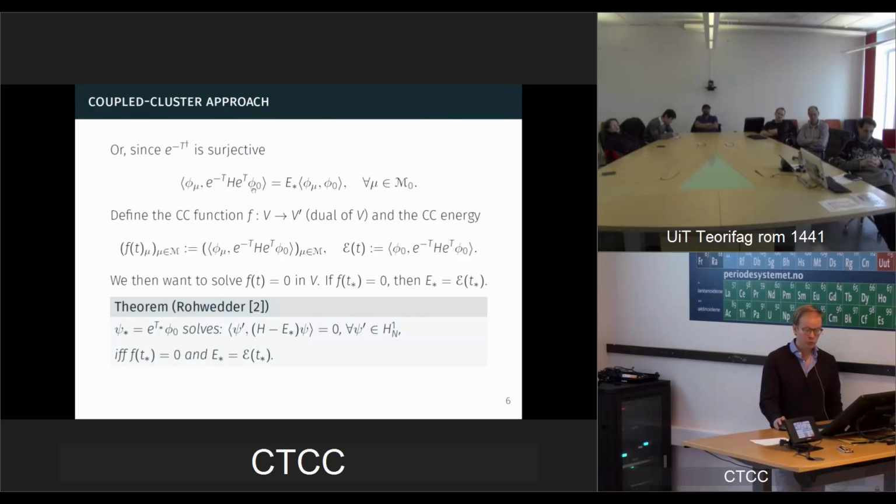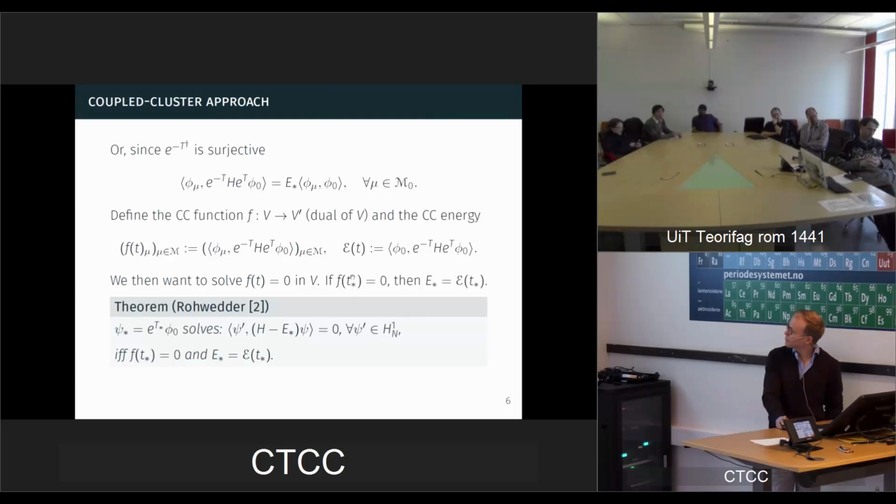And what we do now is split the multi-index set into the one that deals with the reference determinant, and then the rest that we just call M. So we define this coupled cluster function F simply as this, restricted to multi-index in M, so without the 0. Then we define the coupled cluster energy simply by putting the remaining index, the 0 index, on the left-hand side here.